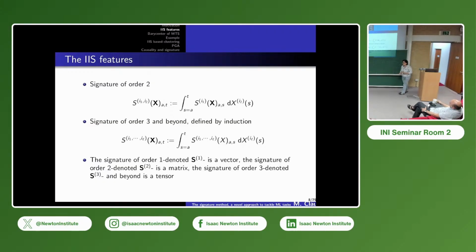So you try to capture pairwise interaction and beyond, which is one of the interesting features of the signature. And the point is that you are not integrating in a symmetric domain. There is truly an asymmetry inside the signature.